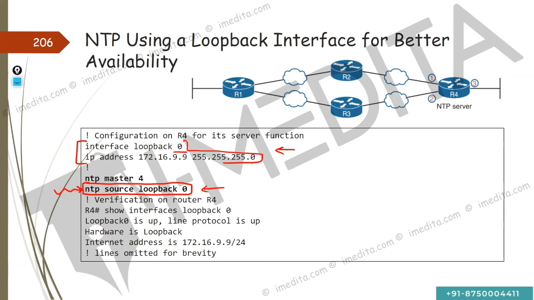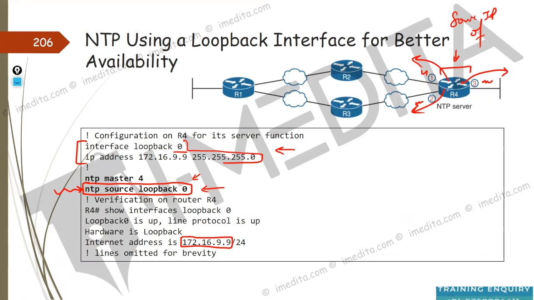With this command, we are telling R4, which is acting as an NTP server, that whenever it sends NTP messages out, doesn't matter whether it uses physical interface 3, 1, or 2, it should always use the source IP of loopback 0. That is what this command is saying. So it will always use the IP address 172.16.9.9 whenever it's supplying time to anybody asking for time.